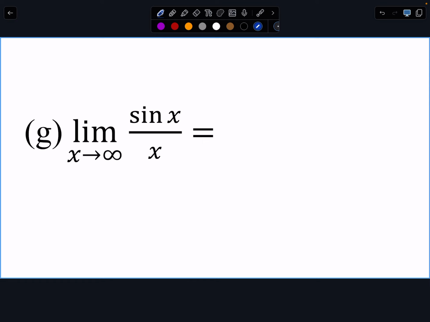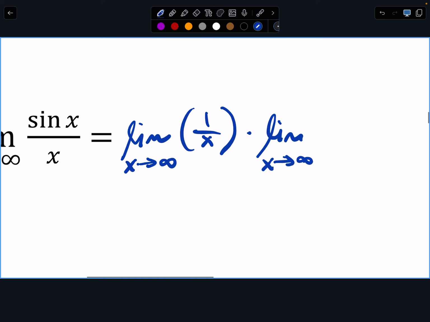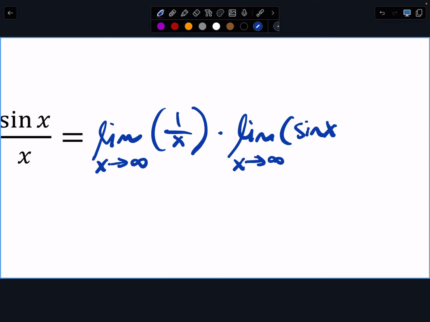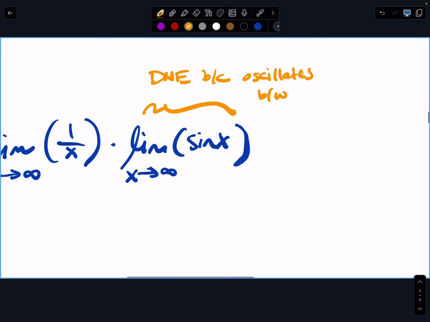One way that you could think about this is separating this into a product of two limits: the limit as x approaches infinity of 1 over x times the limit as x approaches infinity of sine of x. And we just talked about this one, right? It was DNE because it oscillates between -1 and 1.